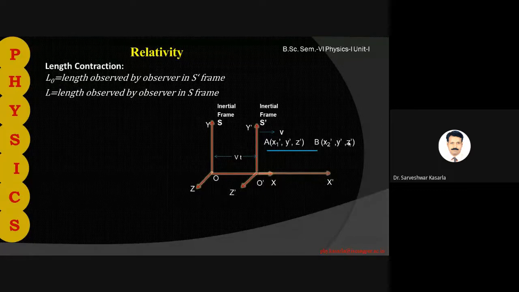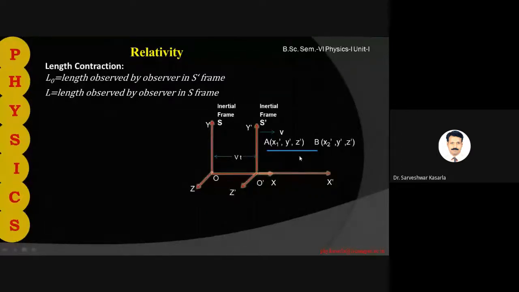Now let us find the length measured by these observers. The length of the rod measured by O dash is simply x2 dash minus x1 dash, because this rod is along the x-axis.